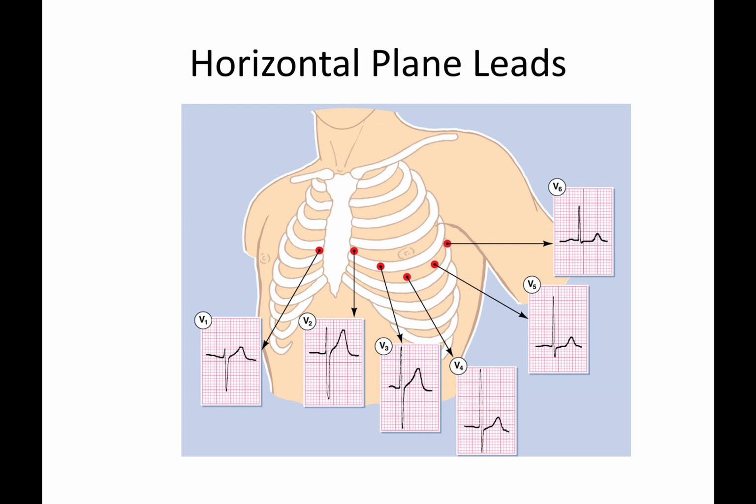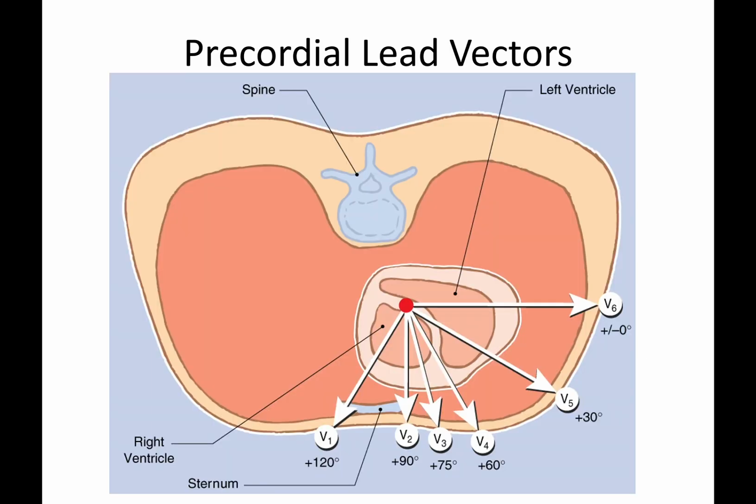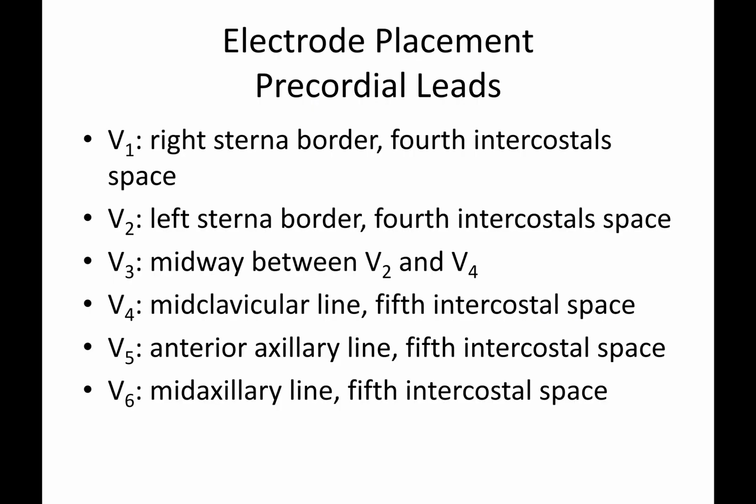Last bit, your horizontal plane leads are looking at the heart from front to back, looking through the chest. This picture doesn't represent it as well as this one does. This slide here just walks through and reminds you of where all of the stickers should be placed. I'm not going to belabor that all that much.